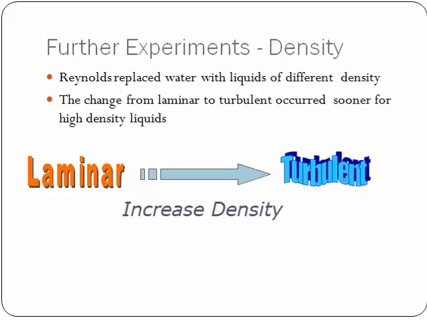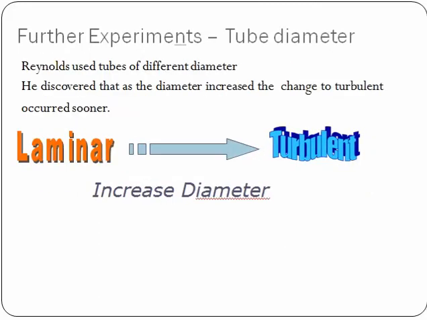Now, in case of diameter, what will happen? Reynolds used tubes of different diameter. He discovered that as the diameter increases, the change to turbulence occurs sooner. So from laminar to turbulent, the diameter increases.